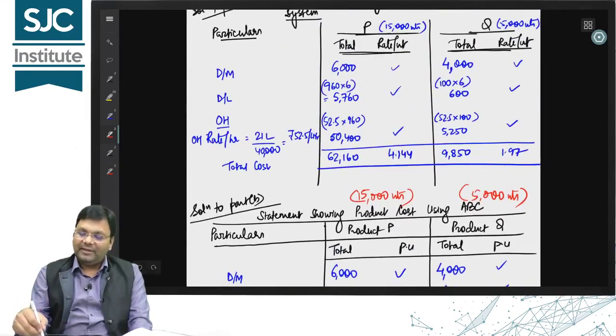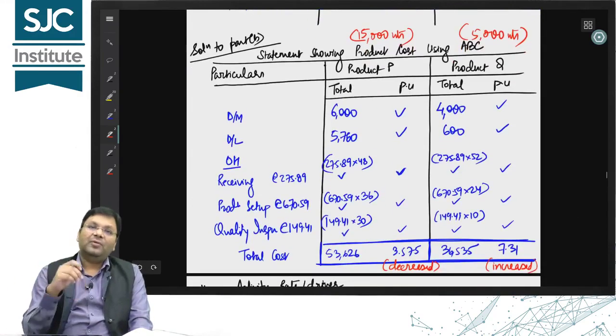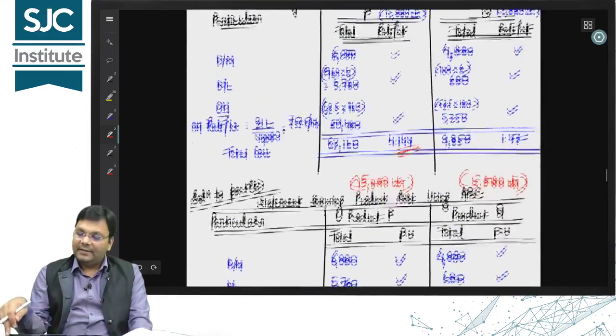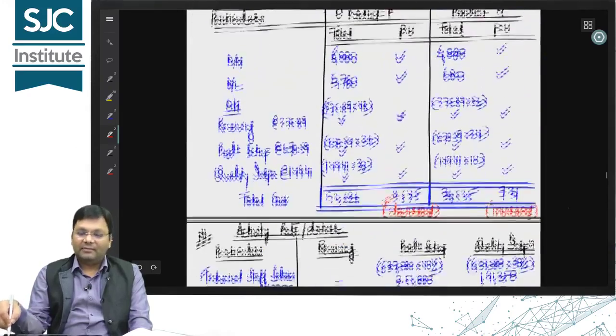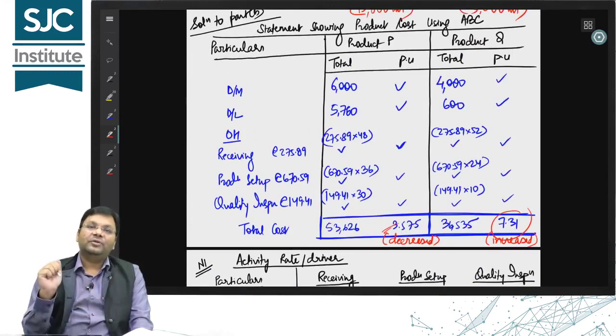But factually high volume product requires lesser resources, so they should have low cost per unit. That is reflected in ABC here. Low volume product, 5,000, gets lower cost in absorption costing, but factually they require more resources, so their cost per unit should be higher.